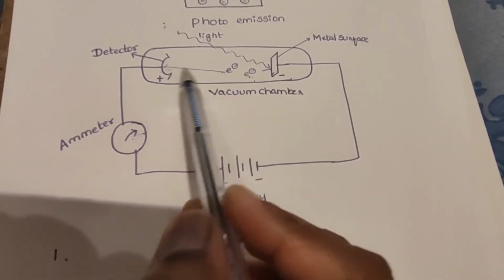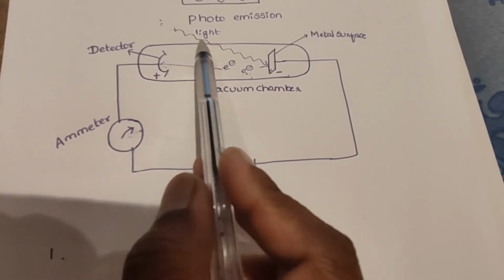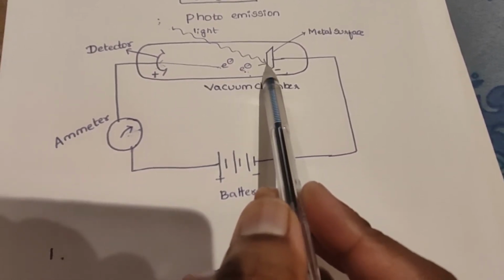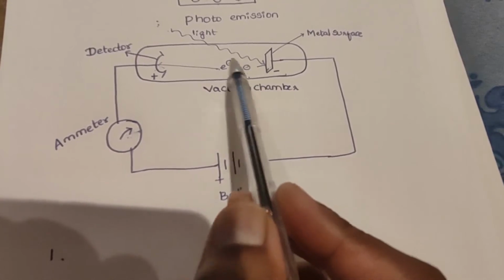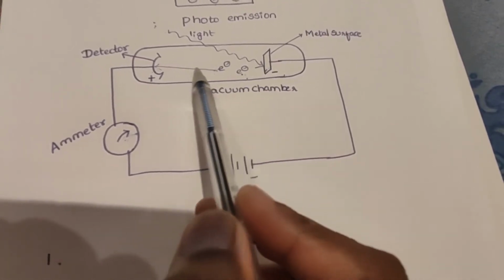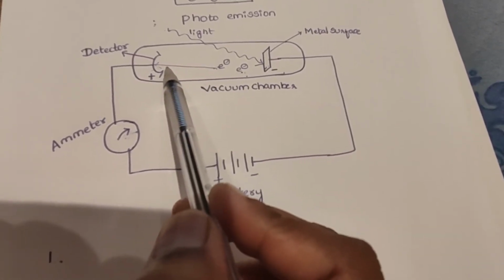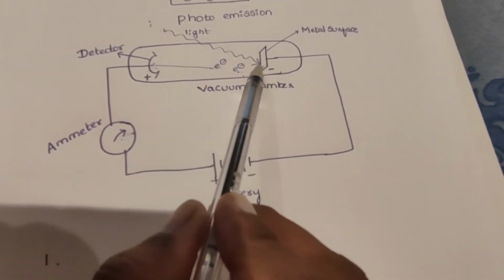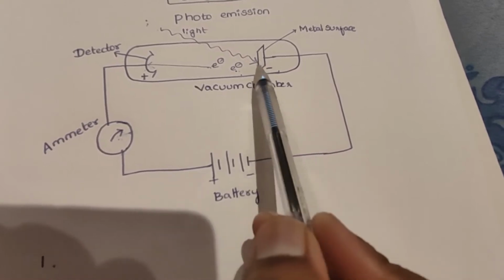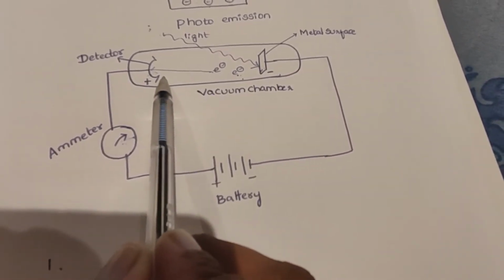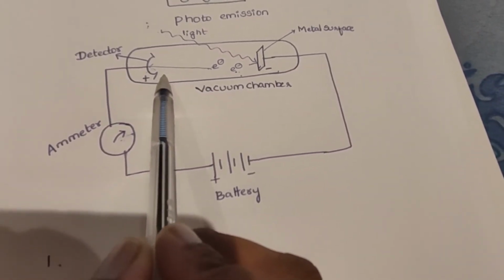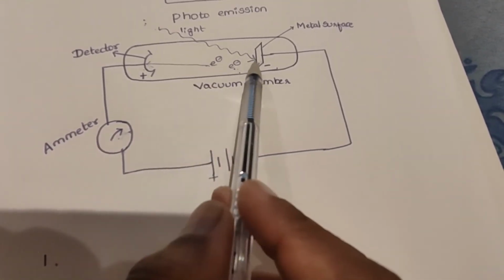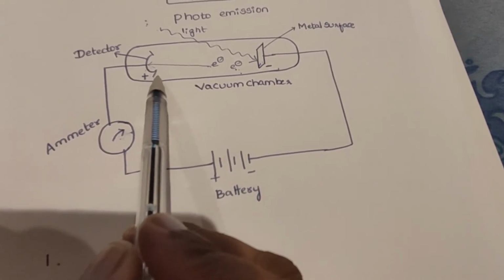That is, when the light strikes the metal surface, without delay in time, electrons are ejected from the surface, just like reflection of light. There is no time lag between the striking of light and the ejection of electrons.